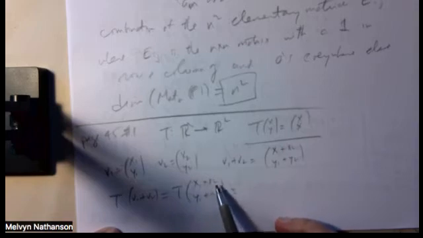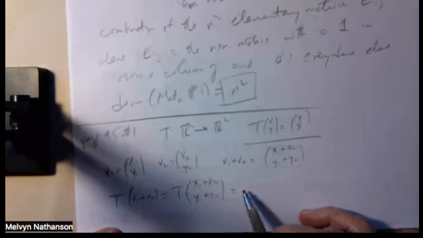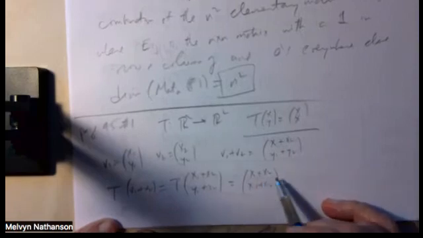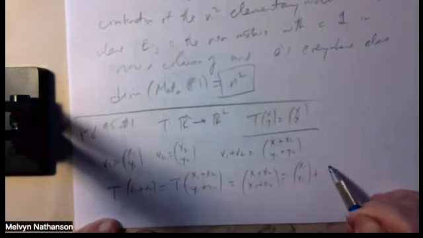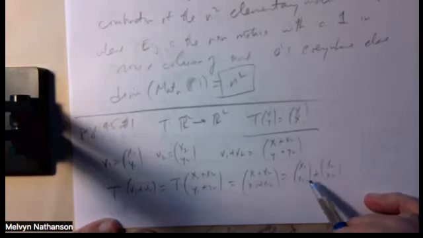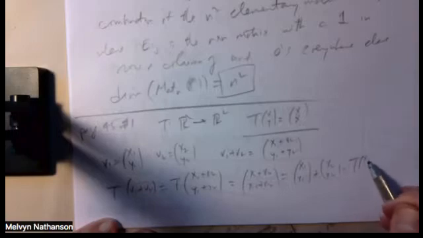And this gets sent to the vector where the first coordinate equals the second coordinate, (X1 plus X2, X1 plus X2). And you can write this as the sum of two vectors, (X1, X1) plus (X2, X2). And (X1, X1) is T of the vector (X1, Y1), and this is T of the vector (X2, Y2).